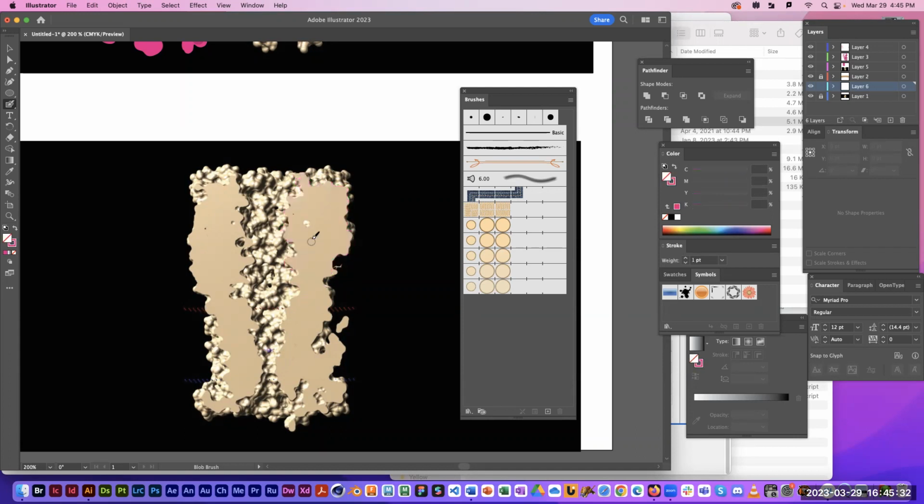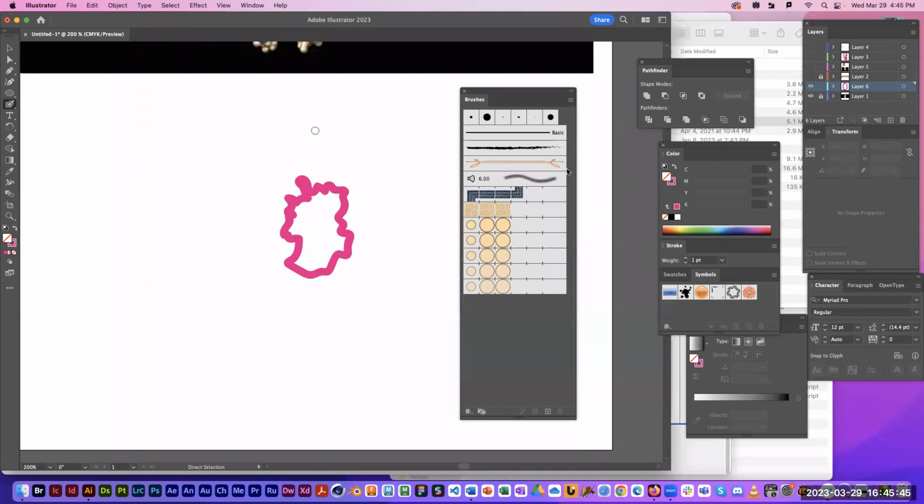Anyway, I draw the whole thing. Okay. Why does it keep doing that? All right, it's there. Must have just been hiding behind something else.